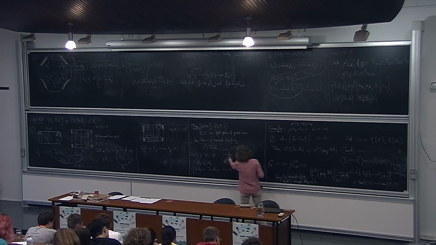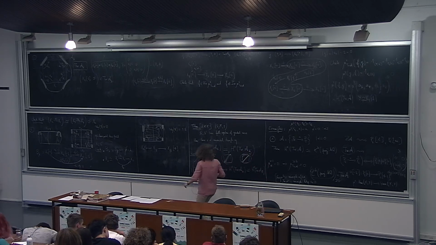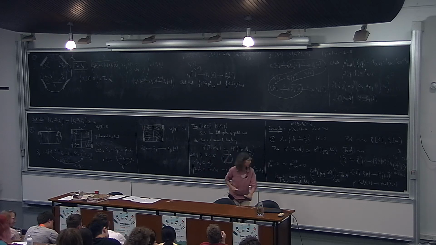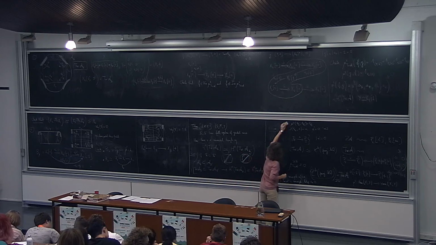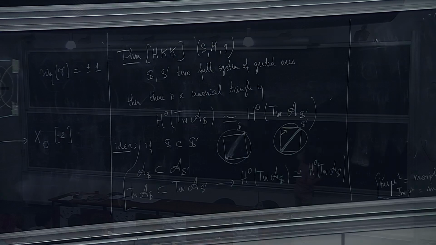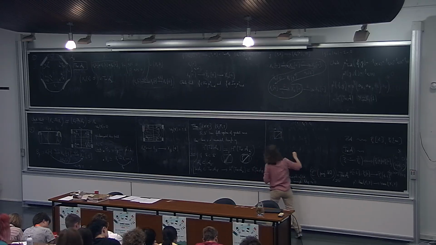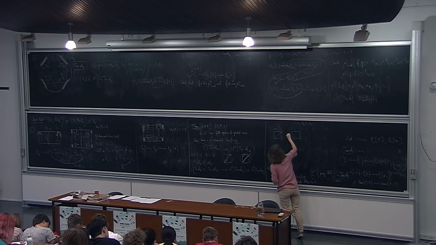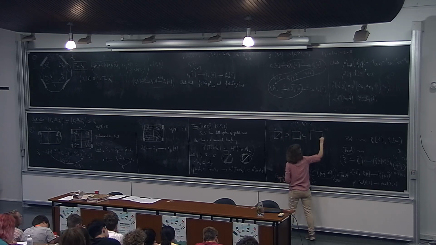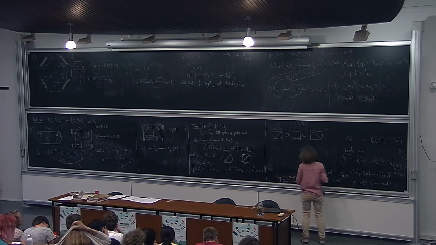And a flip is just something like this. I mean, a flip, you can see it not as a flip, but if I have some system like this, I have an inclusion like this, and I have an inclusion in the other direction.